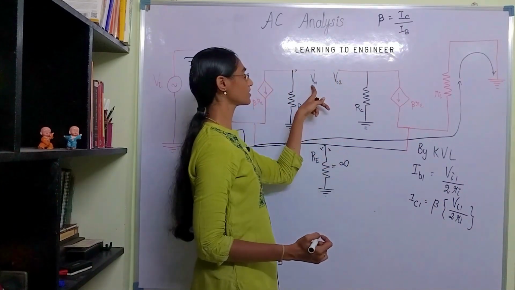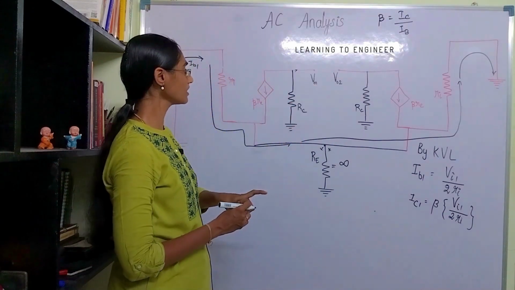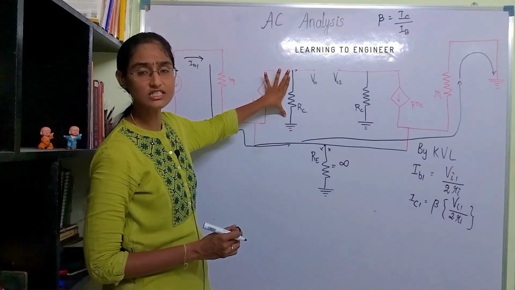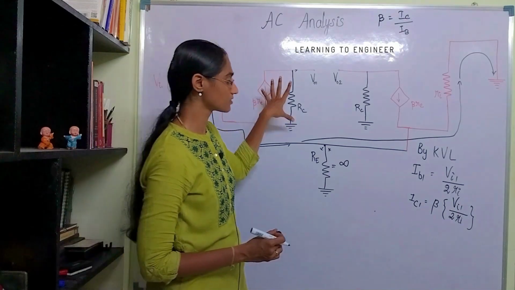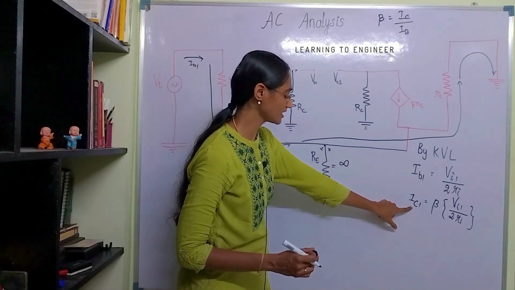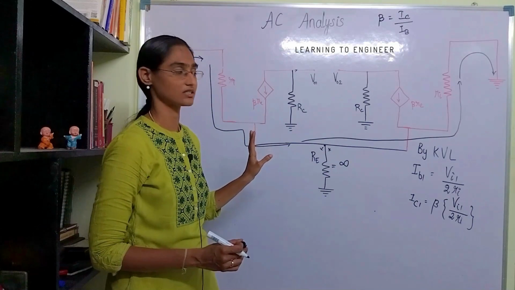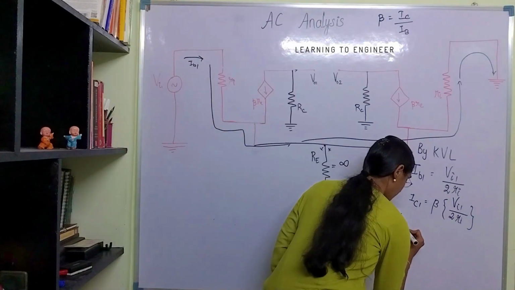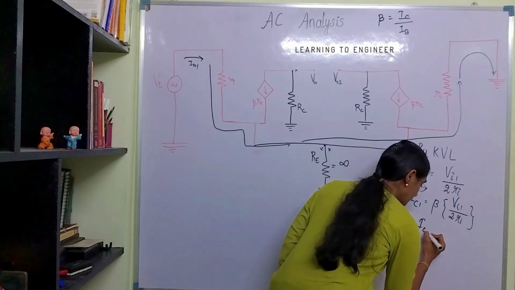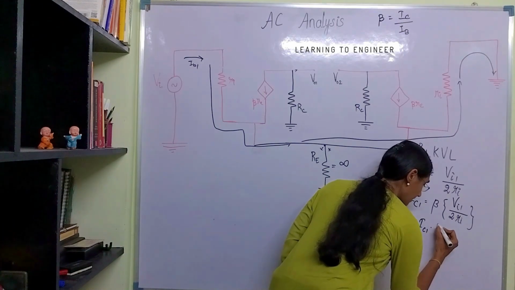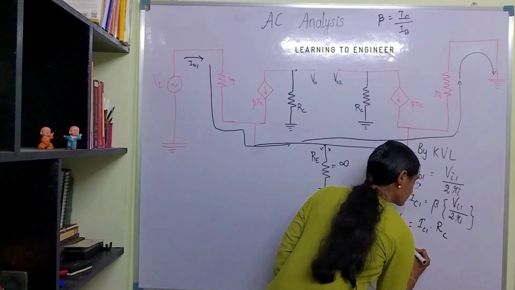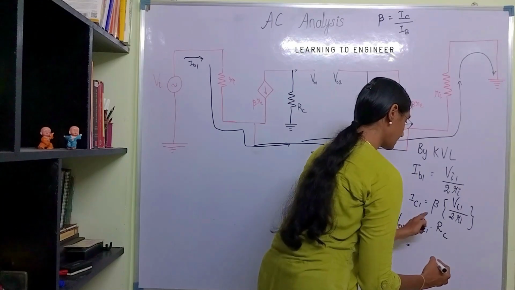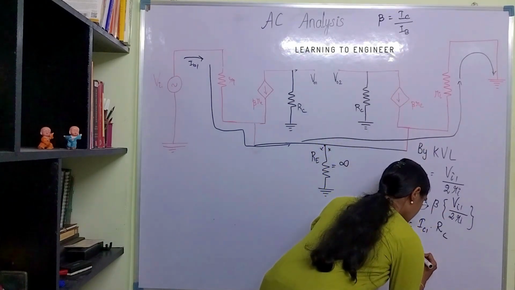So what is the output voltage VO1? VO1 is the voltage across this RC, so it is IC1 times RC. VO1 is equal to IC multiplied by RC, which is equal to beta into this.